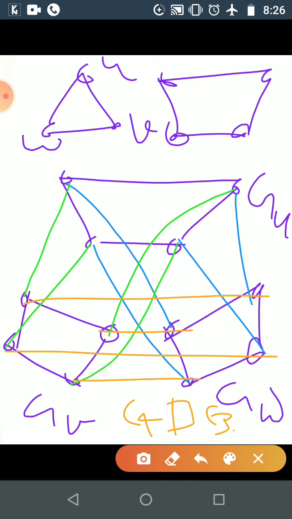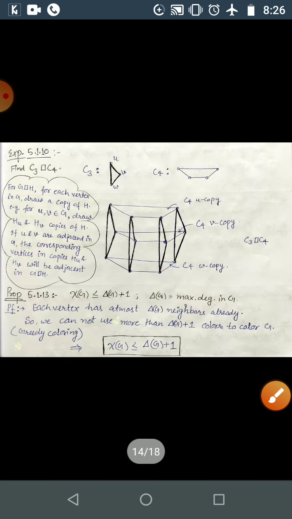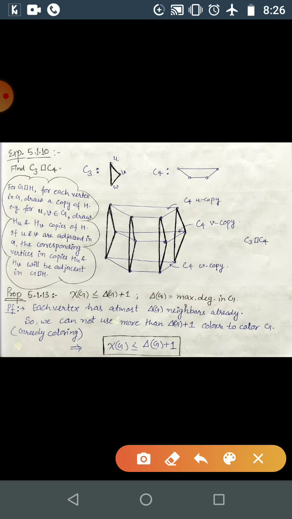So what you got, the chromatic number for this one will be the maximum of C4 and C3. So maximum of C4 and C3. For C4 the chromatic number is 2, and for C3 it's 3, so the maximum will give you 3. Okay, and here I have drawn it. So here I have replaced, earlier I replaced C4 copy in place of C3, here I replaced C3 copy in C4.